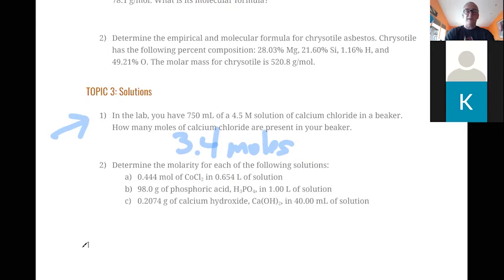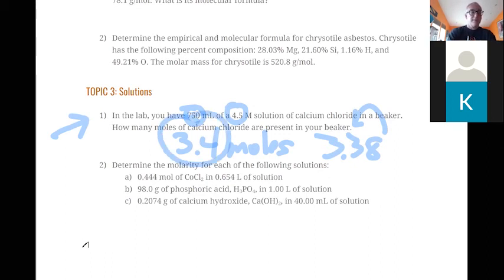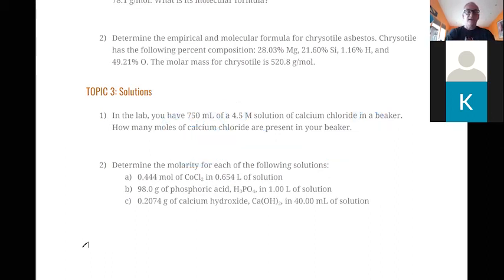So the answer was what, 3.38, I think. And then you have to round that to 3.4 because there's only 2 significant digits in each one of those measurements. 750 only has 2 significant digits in it, and so does 4.5. So whatever number you get from your calculation, you have to round it to 2. That's right.